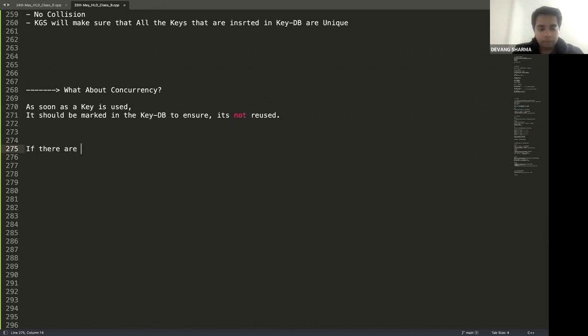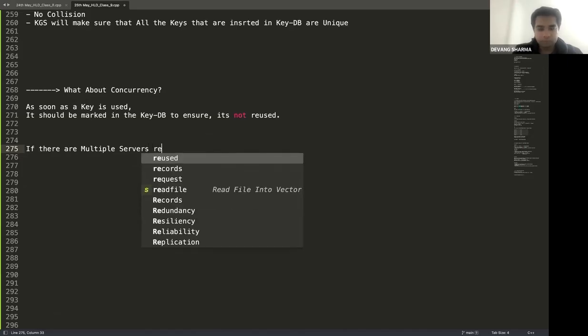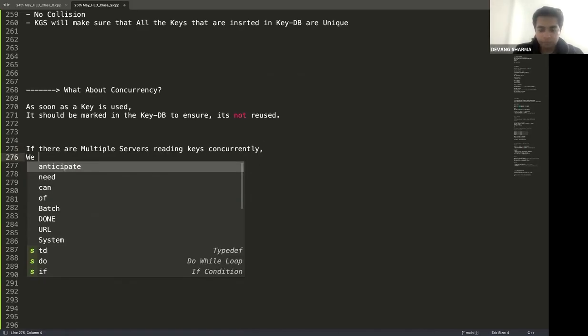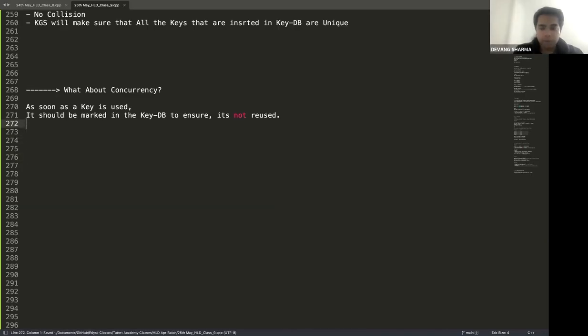If there are multiple servers reading keys concurrently, or actually we can remove this, we don't need this. Think of this as the key database.